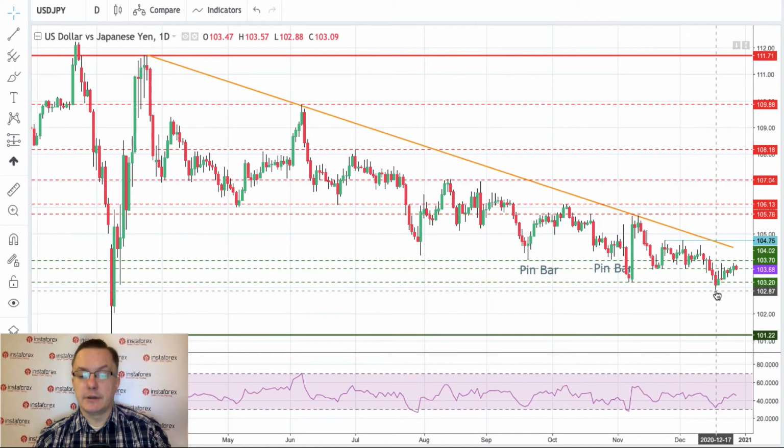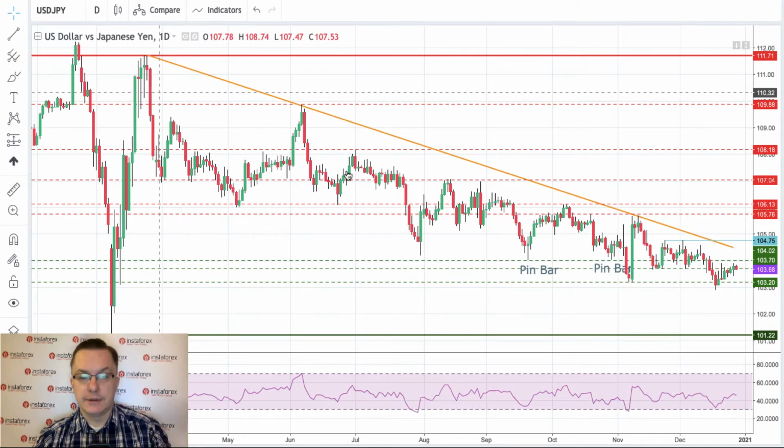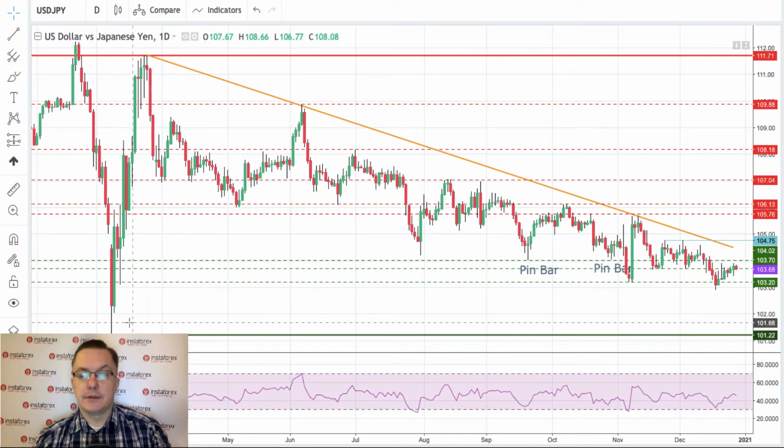Even the recent lower low that was made on the 17th of December 2020 still counts as a lower low. Of course, the main technical support, the main low of all of this situation and all of this downtrend, is located at the level of 101.22, because this low was made on the 9th of March 2020.